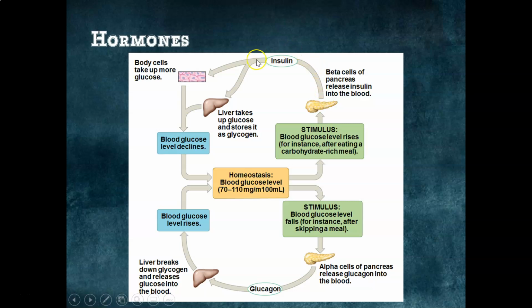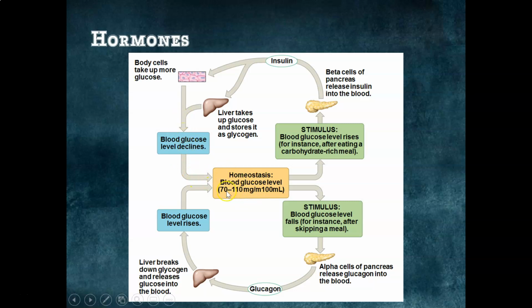That insulin goes out into your blood and encourages your body cells, muscle cells a lot of times, to take up a bunch of glucose from your blood, as well as your liver to take it up and store it in the form of glycogen, so short-term sugar storage. All right, and that should hopefully bring your blood glucose levels back in check.